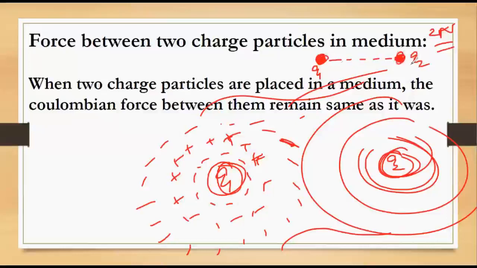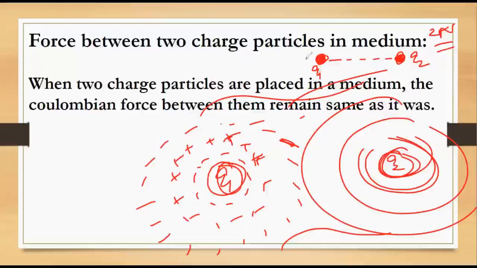Initially Q1 was experiencing a force only given by Q2, and Q2 was experiencing a force only given by Q1. But now Q1 will experience lots of forces, not only given by Q2, but also by all the charges in the vicinity, in the space.